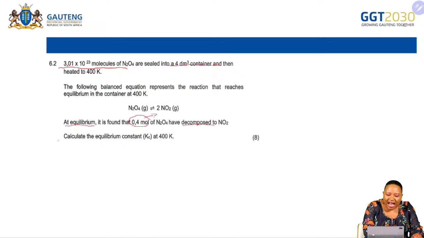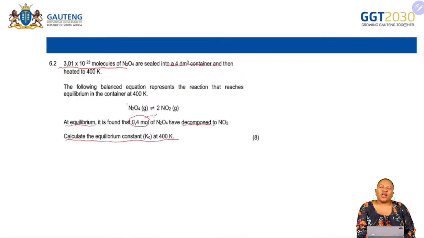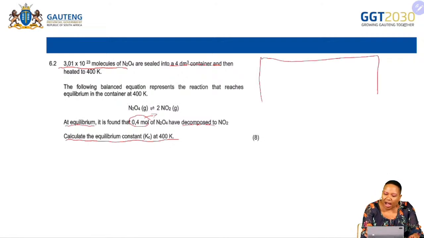So they say calculate the equilibrium constant. This is very important for us to understand, because we now need to understand how we calculate the equilibrium constant. So the table is still handy for us to use even in calculating this, because we are having our N2O4, and then we are having our NO2, and they are reacting in a ratio 1:2.